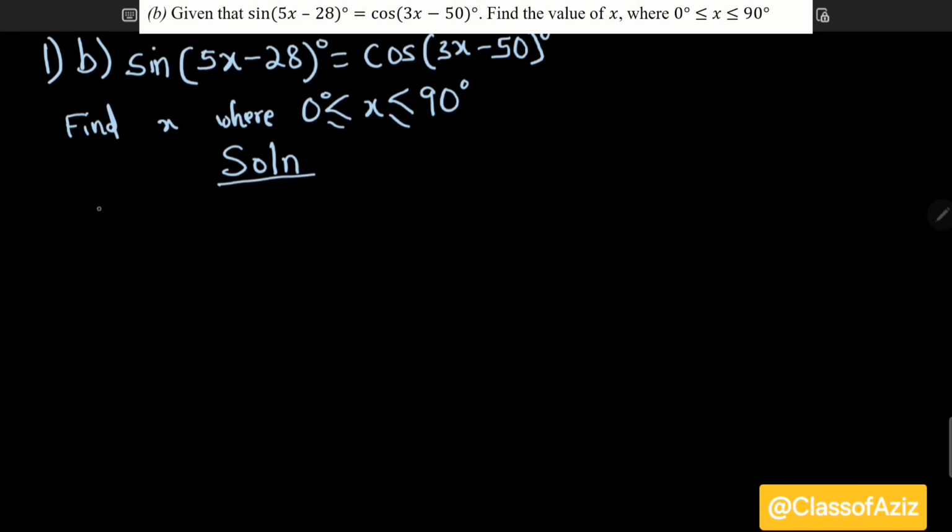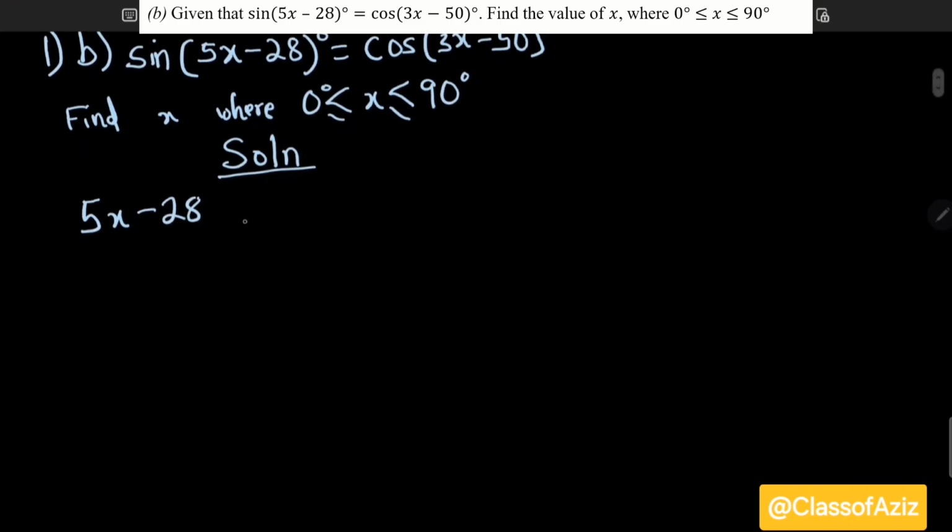So we'll write our 5x minus 28, okay, plus the 3x, right, minus 50, okay, is equal to the 90 degrees. So we will not write the degree.